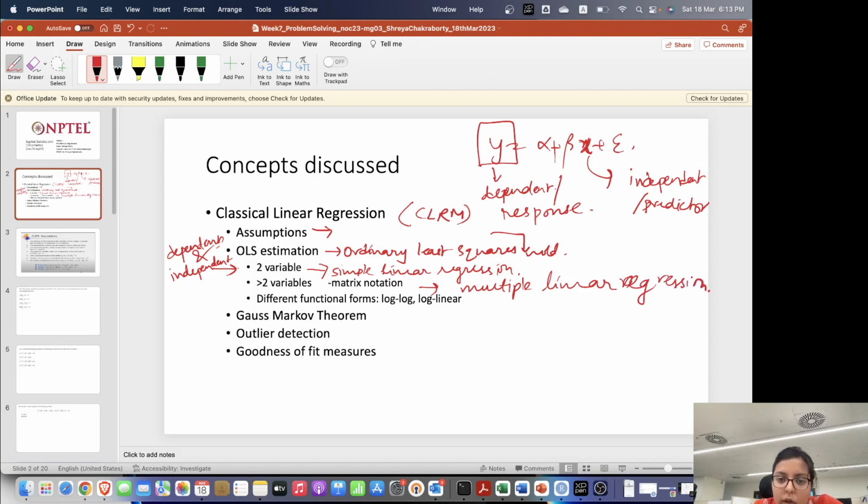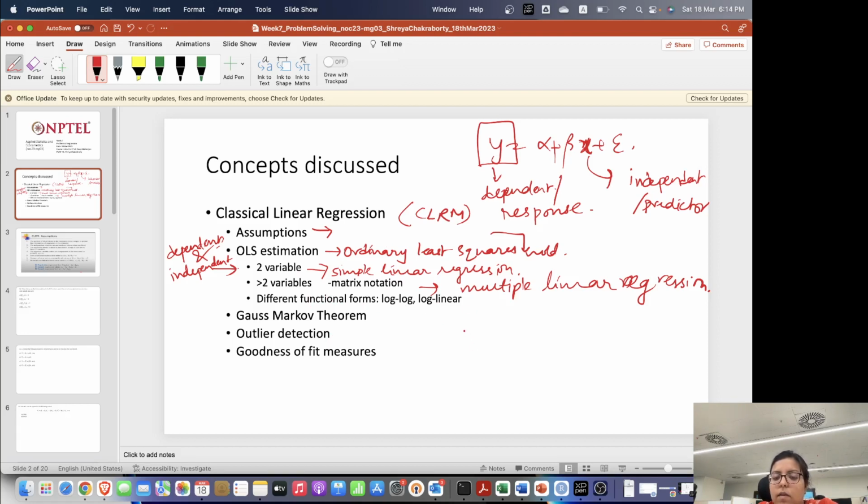and we got to know how we can get the OLS estimates using some matrix theory, and how to represent the entire regression model using matrix notation. Apart from these, we also saw how we can model different functional forms and how to interpret them. It could be a log-log model or a log-linear model.